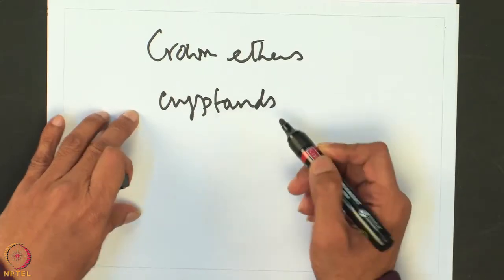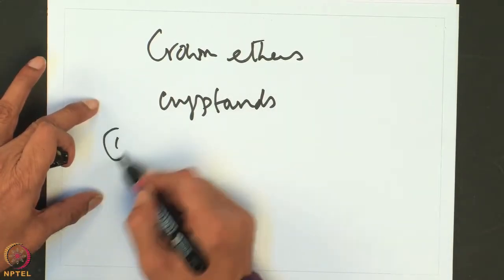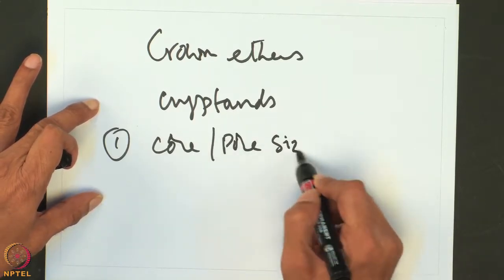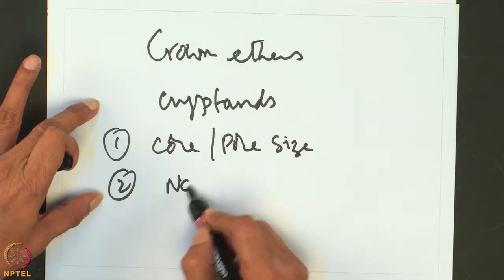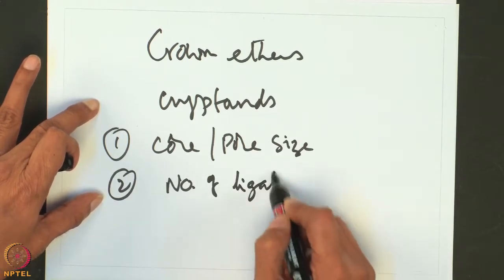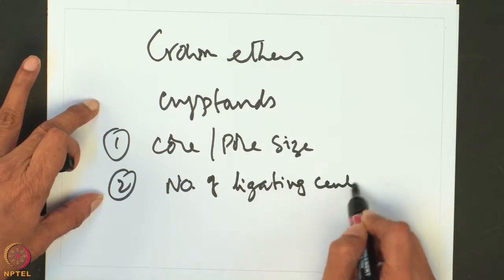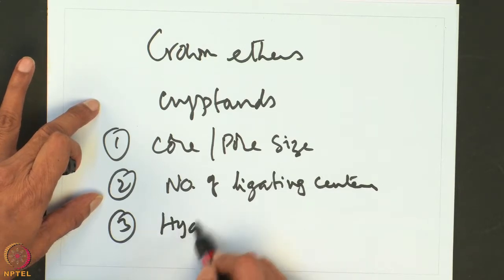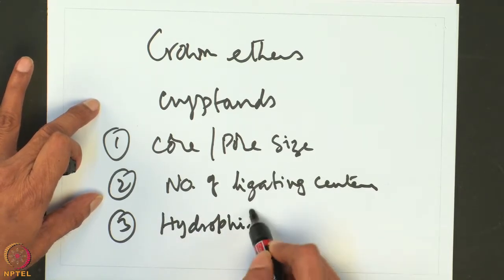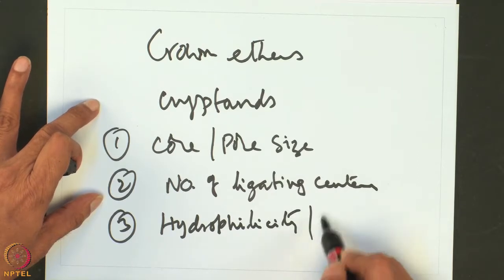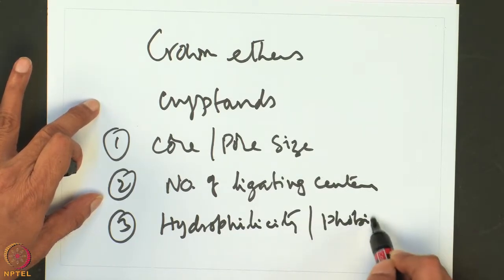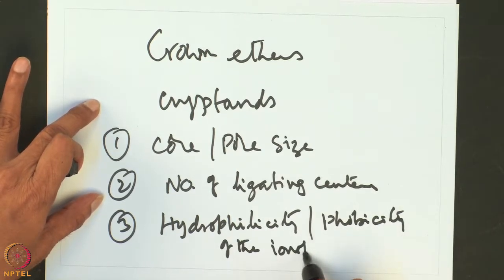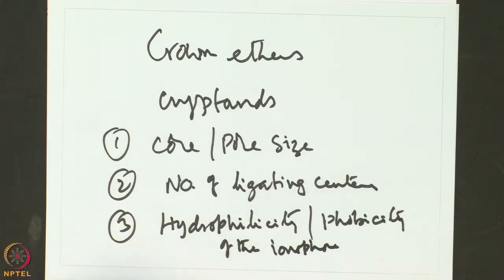What we have looked at is, one, core or pore size, and two, the number of ligating centers, and we have looked at hydrophilicity or hydrophobicity of the ionophore which is exposed to the environment.